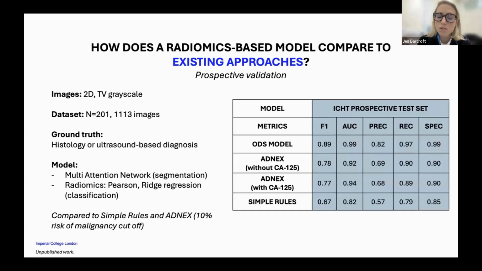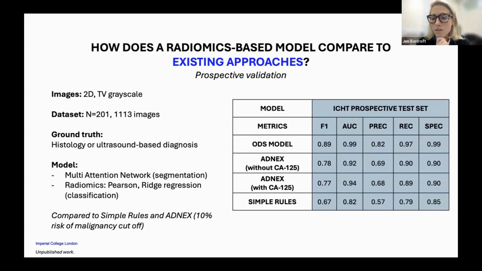So what we did is we compared the end-to-end model, using deep learning for segmentation and a radiomics-based model for classification, in a head-to-head prospective validation data set against the ADNEX model. We also used simple rules, largely because simple rules is within UK clinical guidance, although it is largely being replaced by ADNEX due to its superior performance.